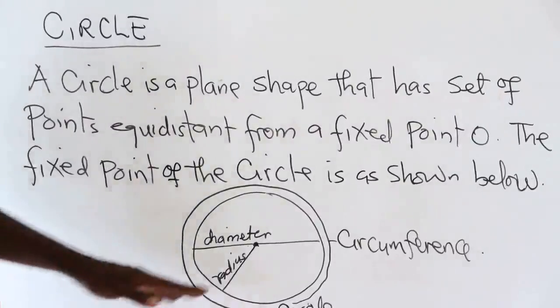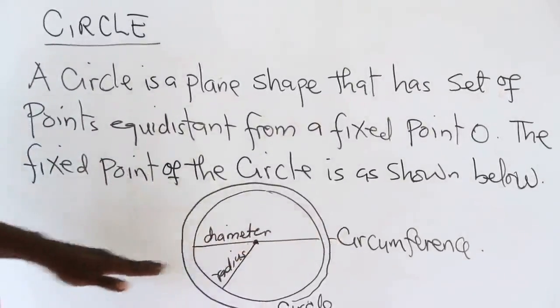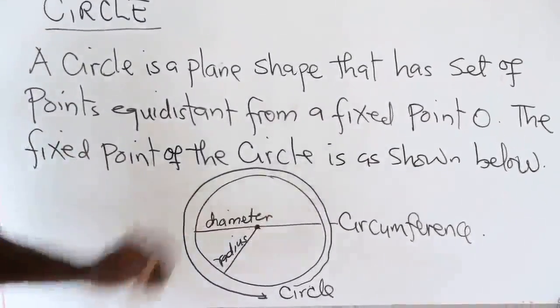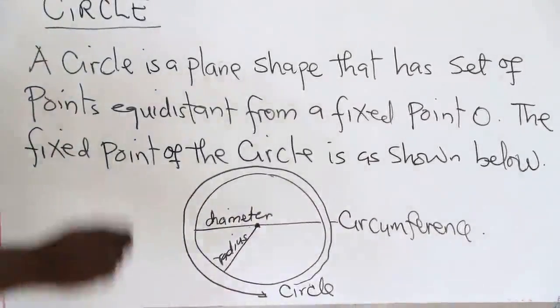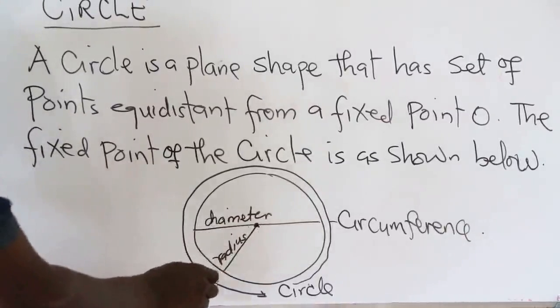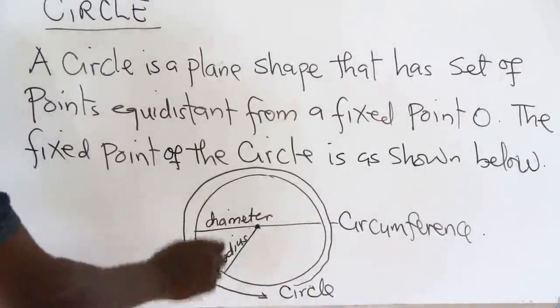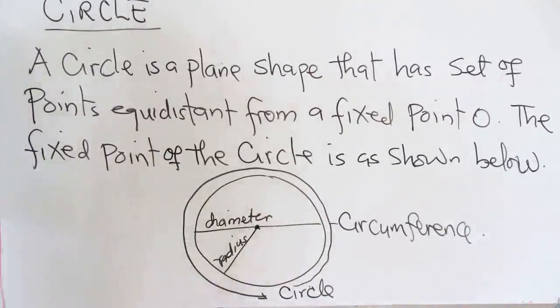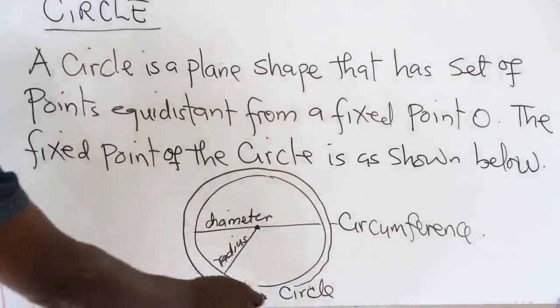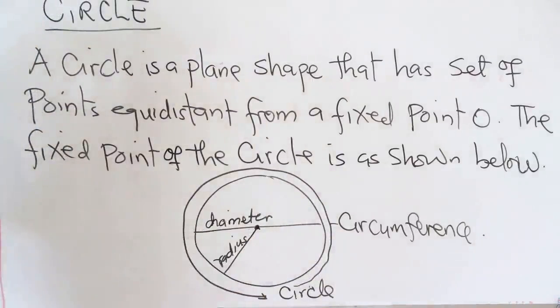Therefore, the line that divides a circle into two equal parts is called a diameter. And any line from the center of the circle to the circumference is called the radius. And then the outer line is called the circumference.